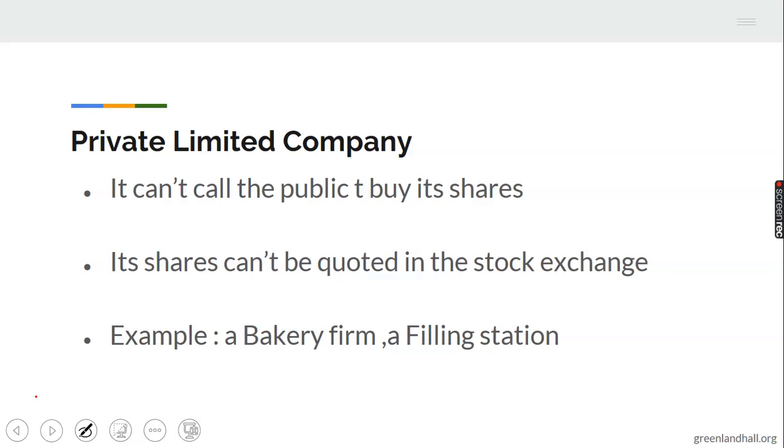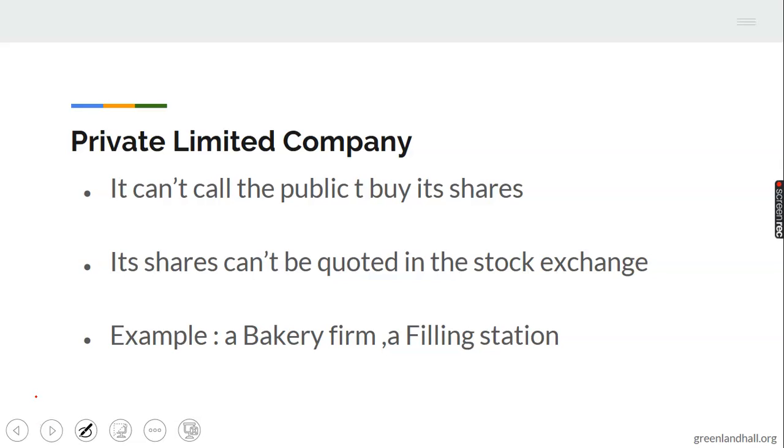That is, the shares cannot be transferred to people. Furthermore, its shares cannot be quoted in the stock exchange, where the shares of companies are sold and bought.